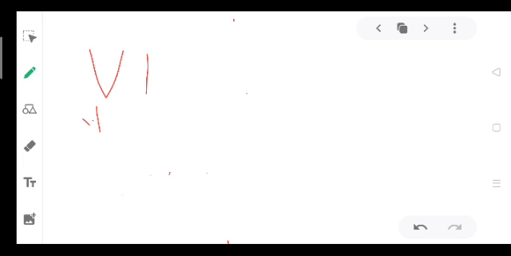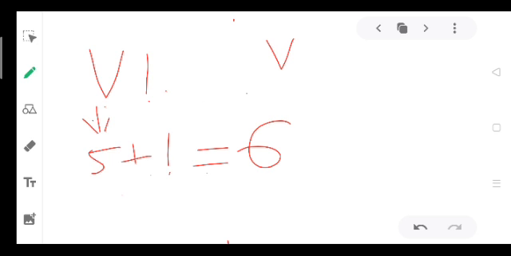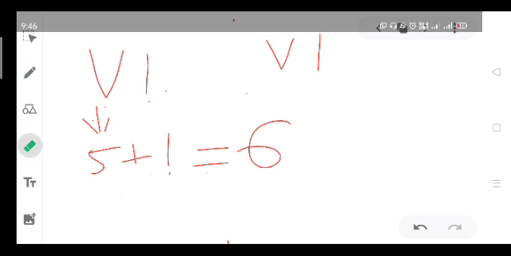V means 5, I means 1, it shows addition. It means if a smaller numeral is on the right side, it is added to the bigger numeral. So it becomes 6. For writing 6, we will write VI. Clear?